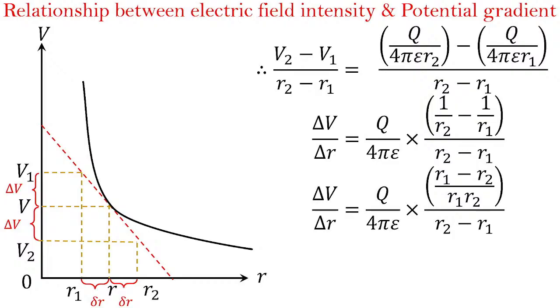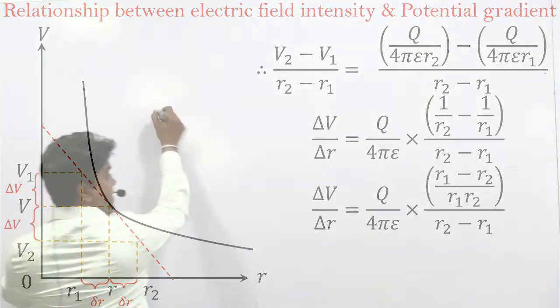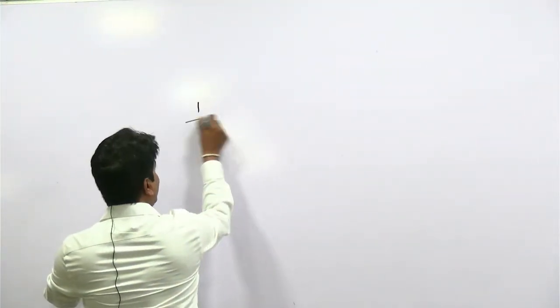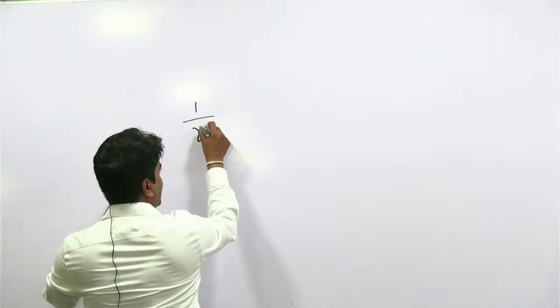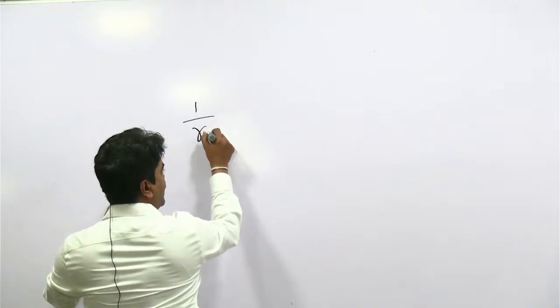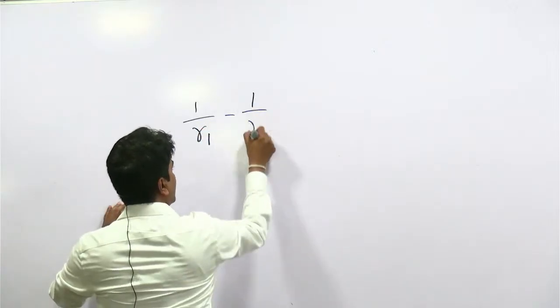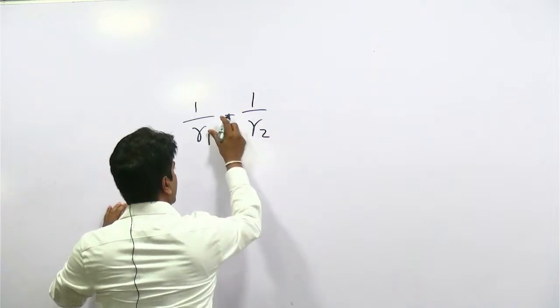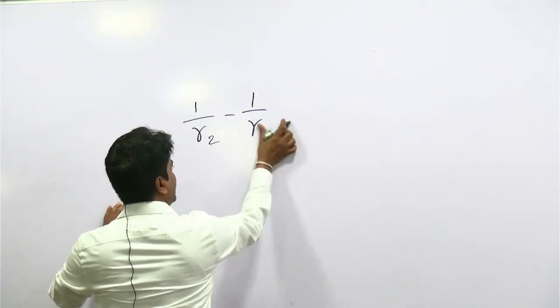So 1 over R1 minus 1 over R2. Sorry, R2 minus R1. That's how we started, right?